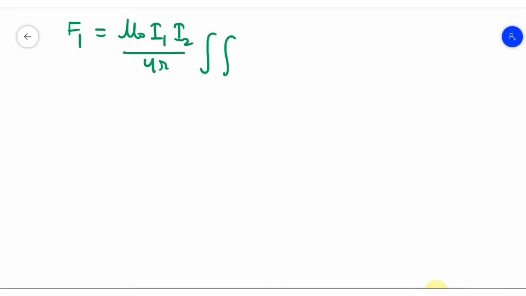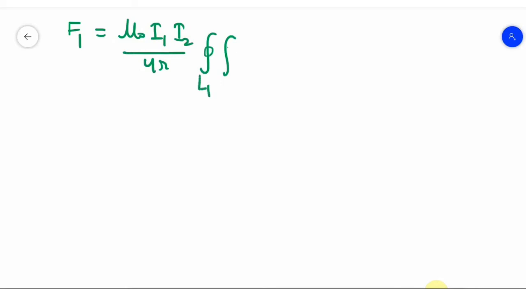So we can write the total force F1 equals mu 0 I1 I2 upon 4 pi. This can be taken out, and since it was d of dF1, double integration will be there.